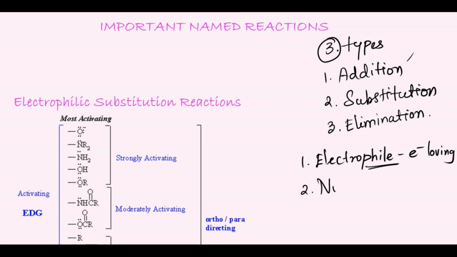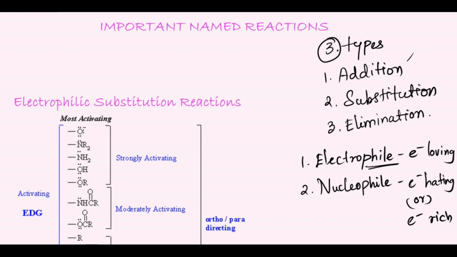And the second category is the nucleophile. Don't consider it nucleus-loving species, it's just the opposite of an electrophile. So it is electron rich. The nucleophiles are electron rich and the electrophiles are electron deficient species.